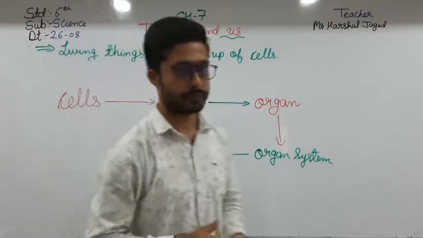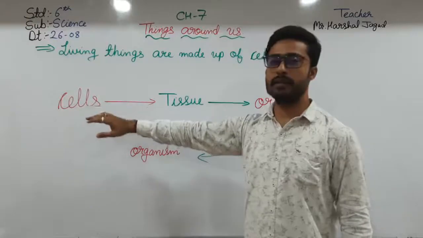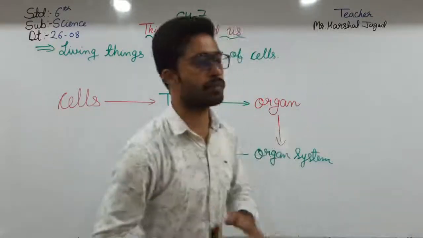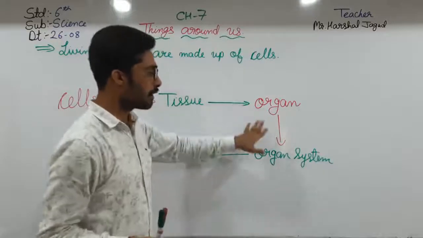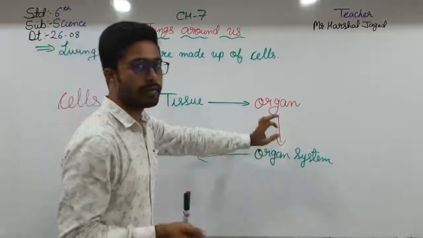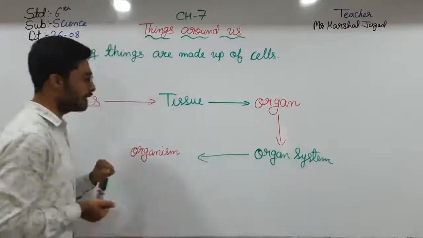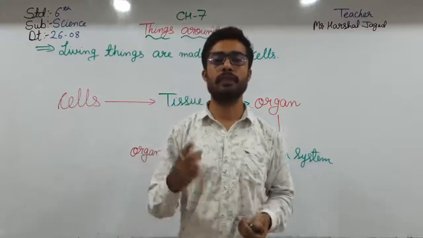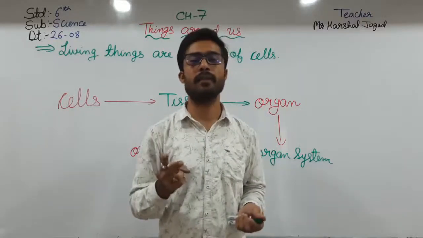So similar cells together form a tissue, similar tissues form an organ, organs together form an organ system, and different organ systems form an organism.